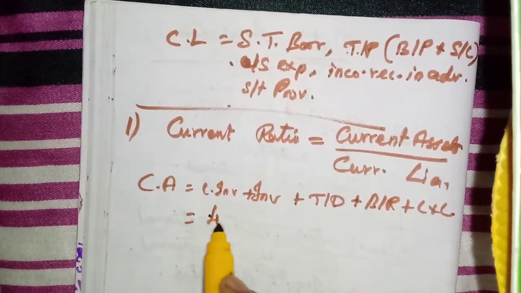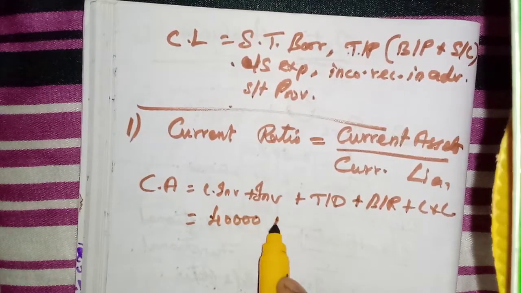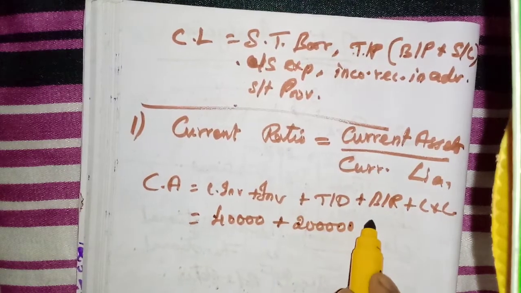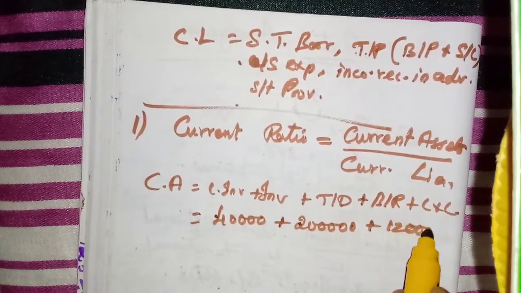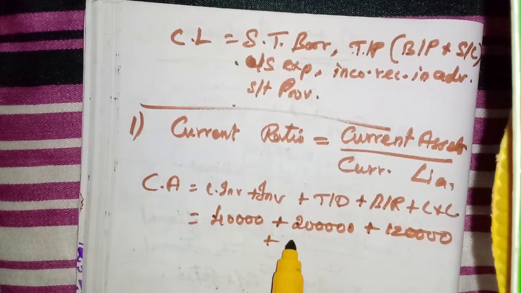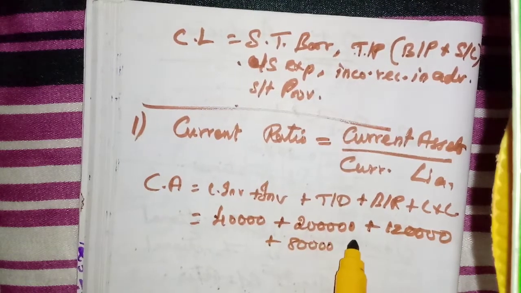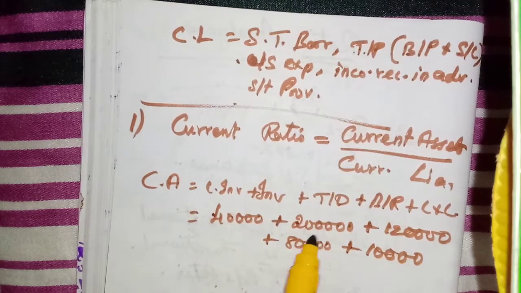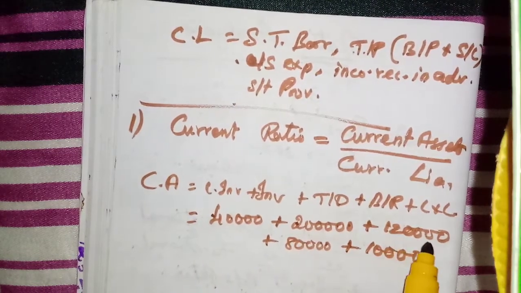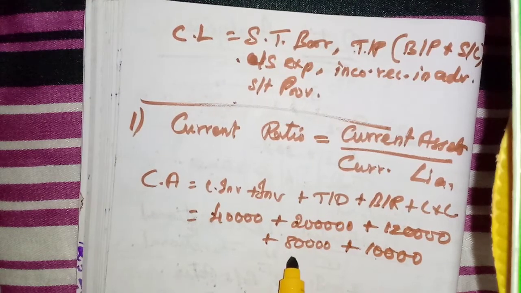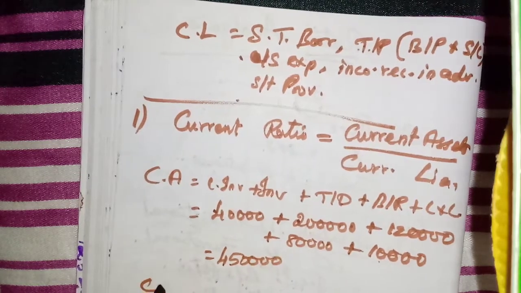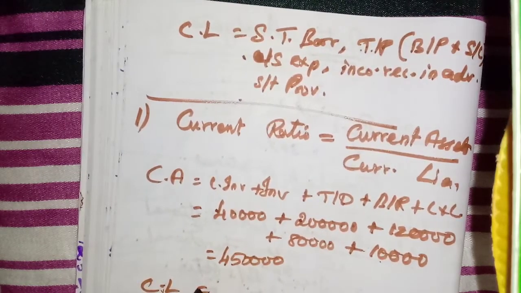Current investment 40,000, inventories 2 lakh, 1,20,000 plus 80,000 plus 10,000. 40,000, 2,40,000, 3,60,000, 3,70,000, 4,50,000.